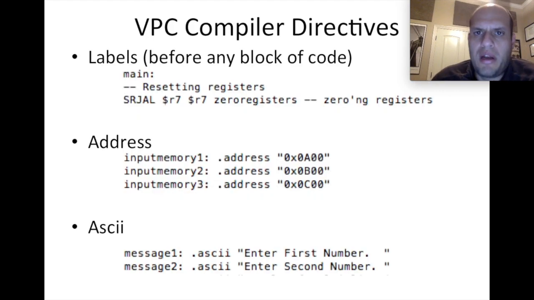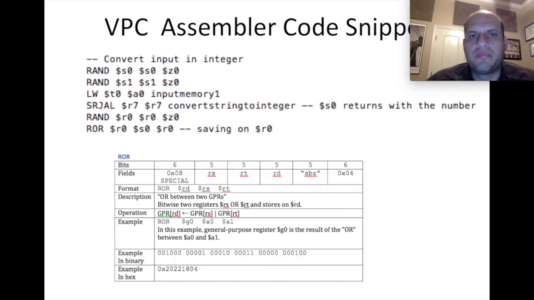Some of my compiler directives: I have comments using the standard -- and labels are required before any block of code. Main label is required for every single program. I have the ability to map address to a label, and ASCII to inject strings into user data memory space.